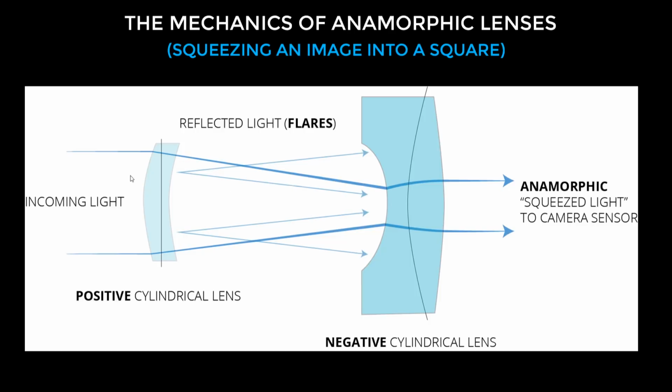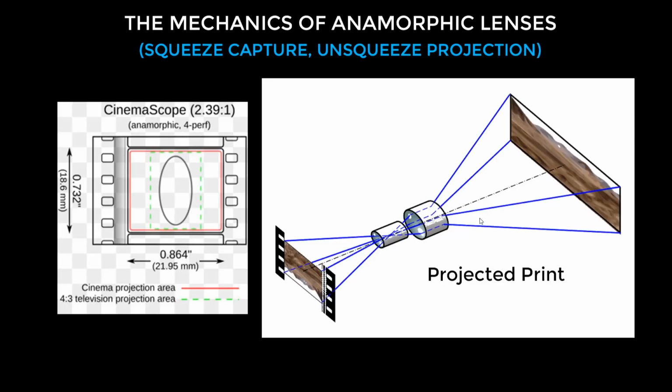So you can see here, incoming light would come in, your actors are right here, the image comes through a positive cylindrical lens and then a negative cylindrical lens. In that process, it gets squeezed onto the image and stored away. So hence, you've now squeezed the image.